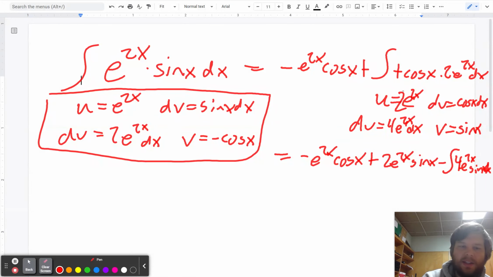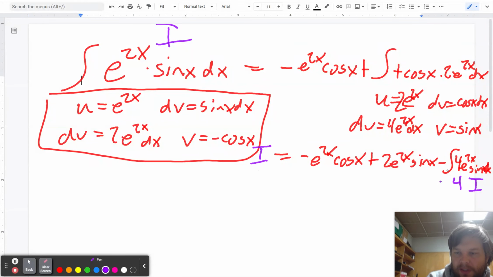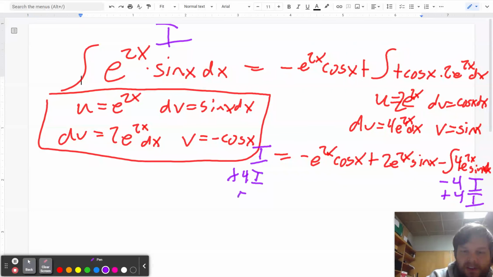And you can recognize here our original integral showing up here times 4. So what we have is the integral is equal to all of this minus 4I. So what I do is I add 4I to both sides of the equation, and I have 5I equals negative e to the 2x cosine x plus 2e to the 2x sine of x.